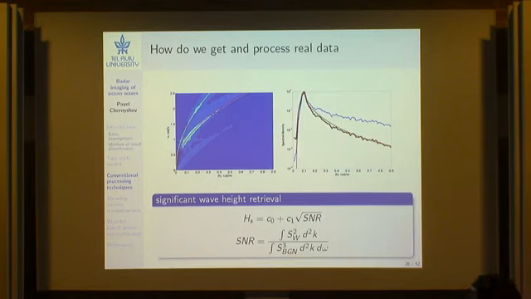We could also retrieve the significant wave height from this correlation. The problem is that these coefficients need to be fitted with the use of in situ data, which is rather complicated, and if you change the radar location, the distance, and a lot of things, it will change. So it's not a very nice method.